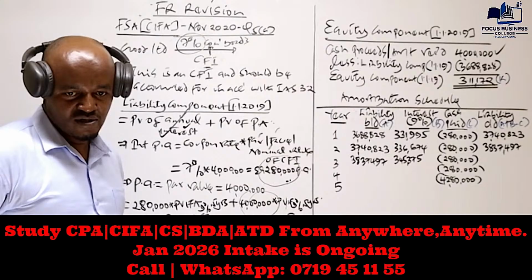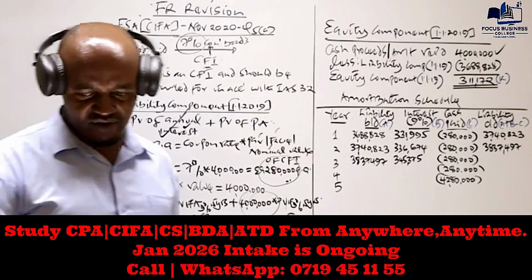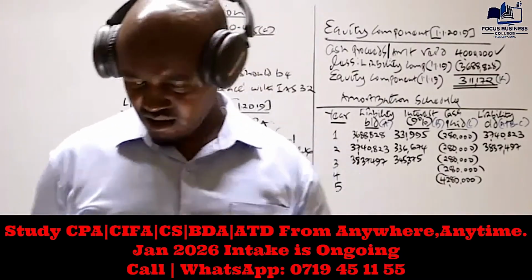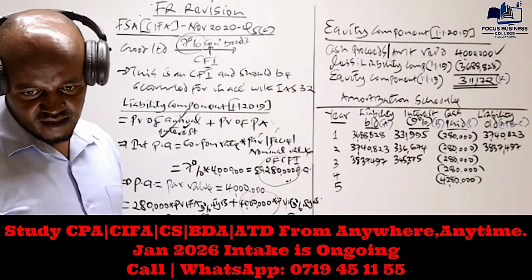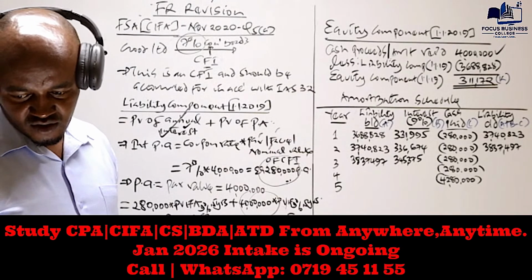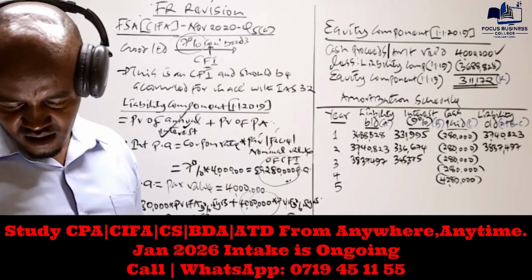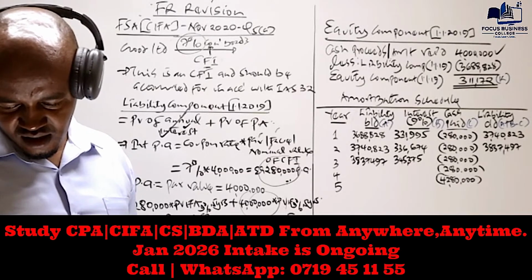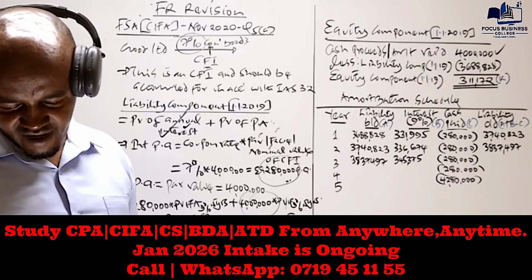Rin, you're getting what? 3797. So meaning that my value is not correct. Can someone confirm whether my value is not correct? Is my figure correct or not?